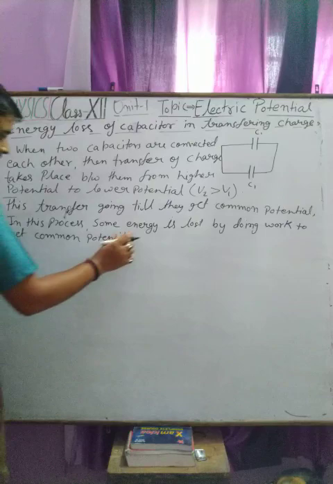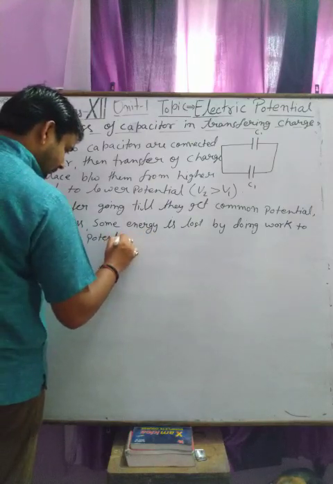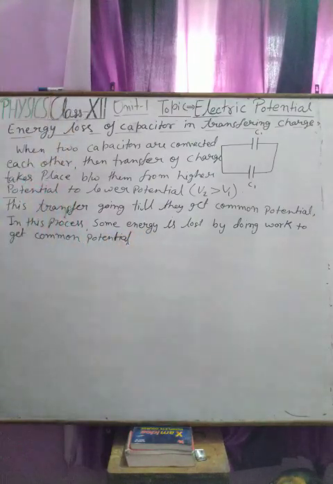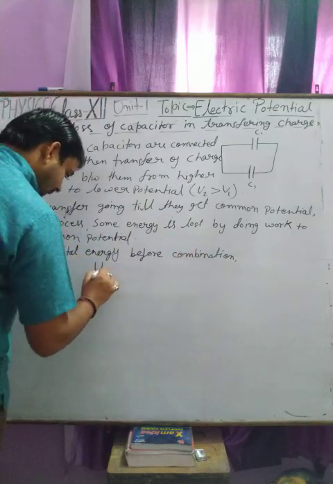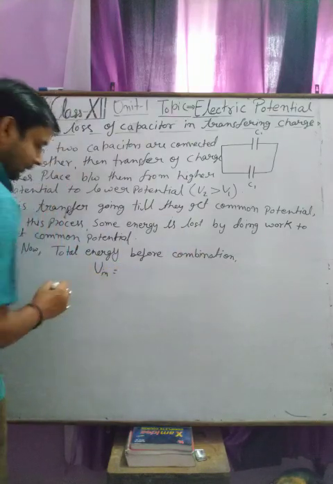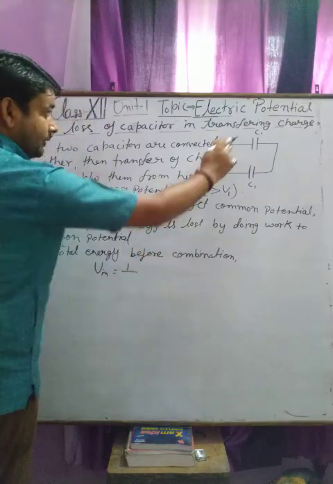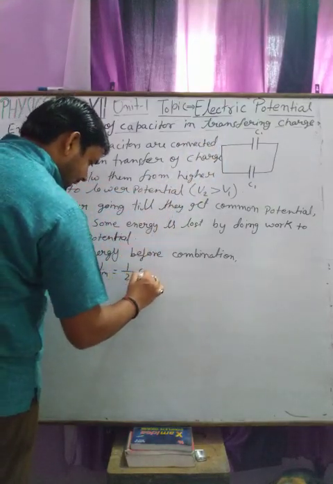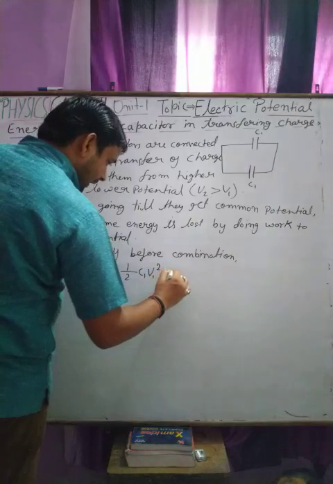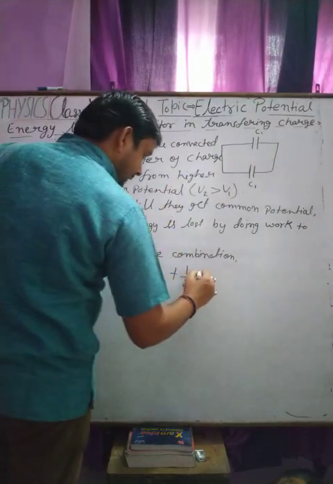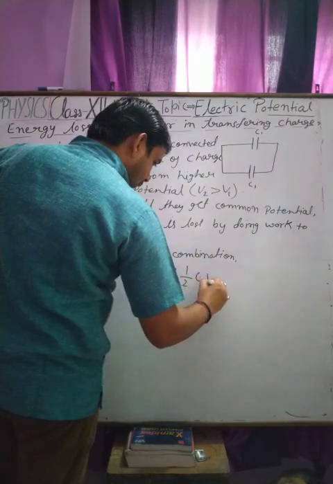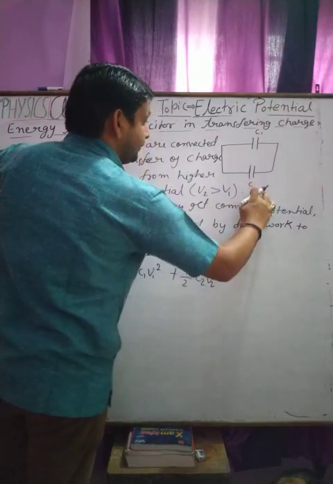Okay student, total energy before combination is U initial is equal to energy of capacitor 1, half C1 V1 square, plus energy of capacitor 2, half C2 V2 square.